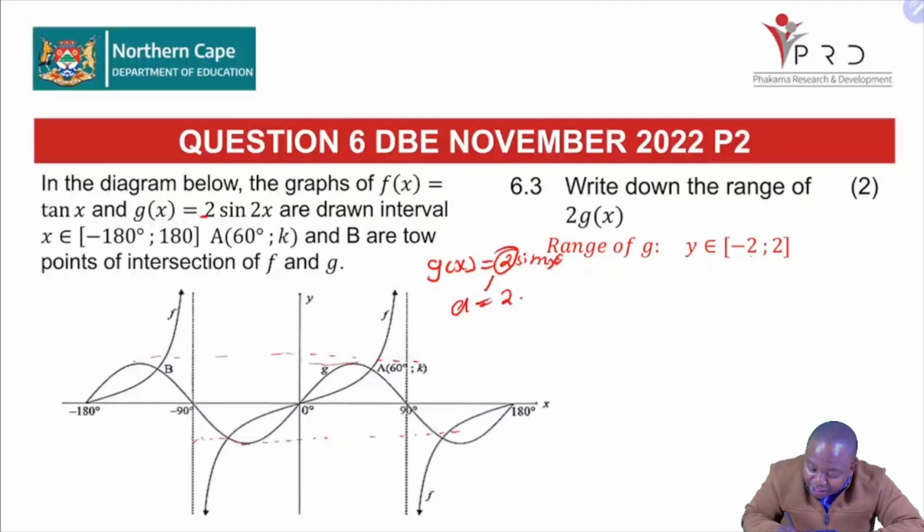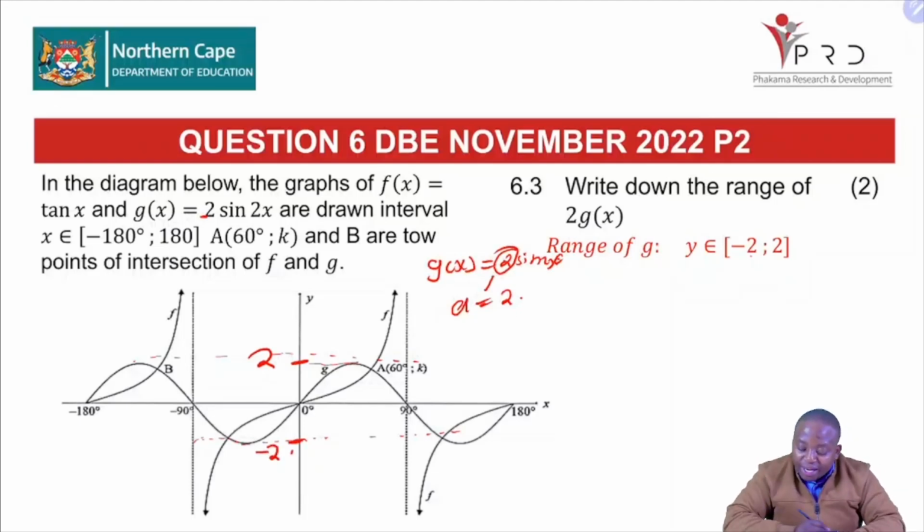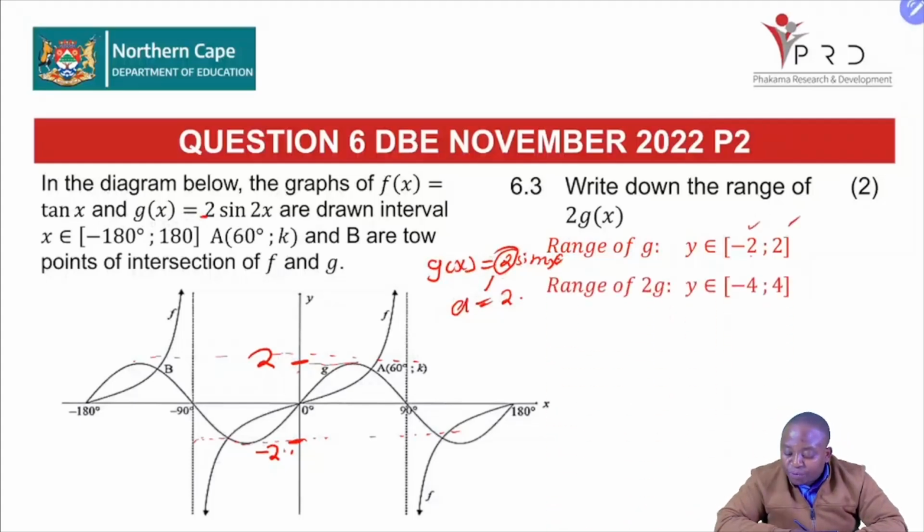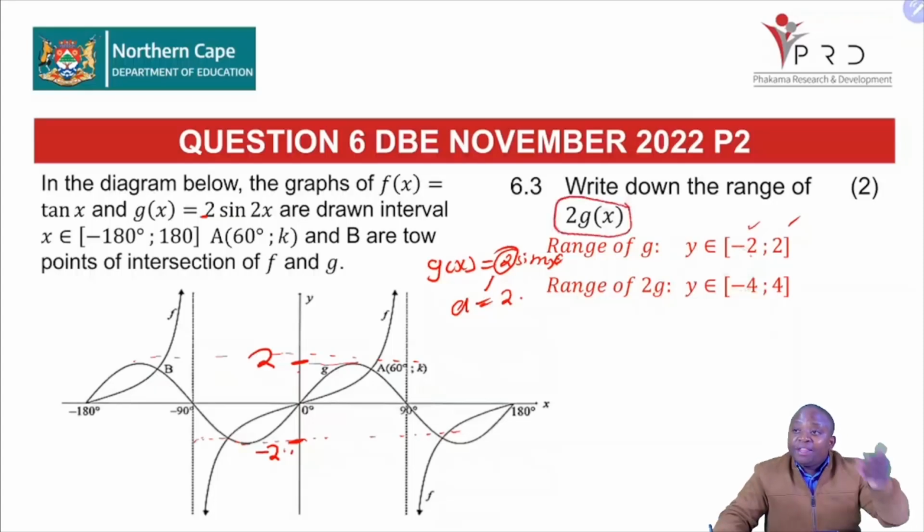So this point here is 2, and this point here is negative 2. So that is where I get my range to be between negative 2 and 2. Now, to get the range of 2g, we just multiply the range by 2. Remember, 2 times g at x means everything about the g at x multiplied by 2.